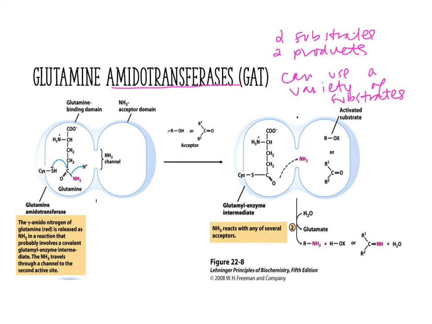So that's another similarity. So that's why we talk about these as classes of enzymes instead of talking about things like we looked at hexokinase specifically and we looked at pyruvate dehydrogenase specifically. Transaminases and amidotransferases are more broad classes of enzymes because they catalyze a bunch of different reactions that are relevant to nitrogen metabolism. So let's take a look at the general reaction catalyzed by an amidotransferase, and then we'll look specifically at making ASN.